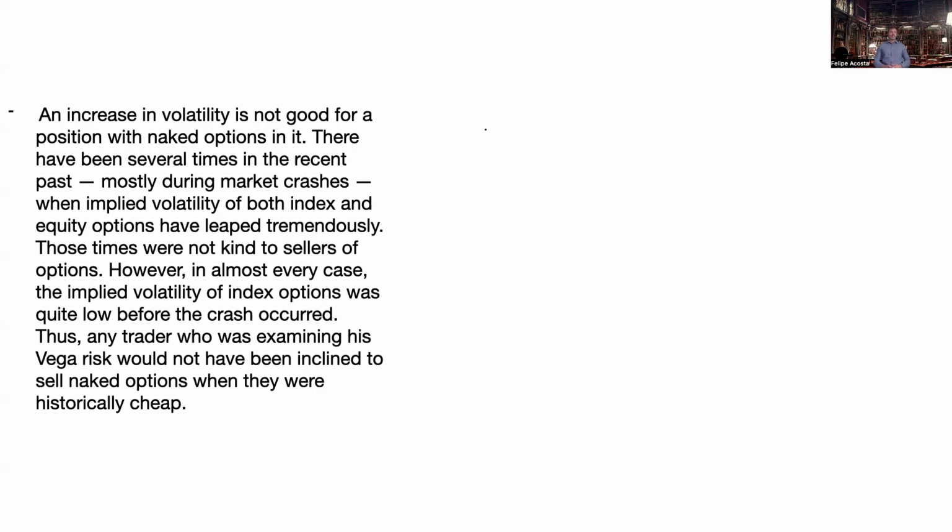However, in those times, it was not kind to sellers of options, so either selling calls or selling puts. Those are naked option positions.